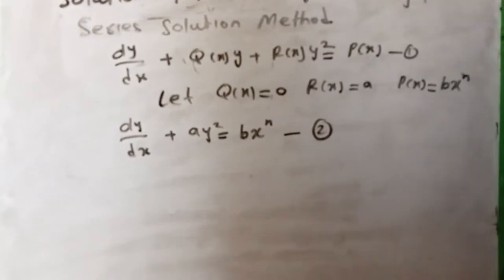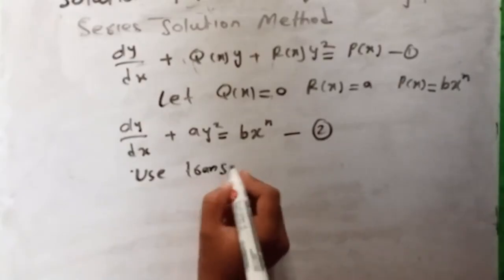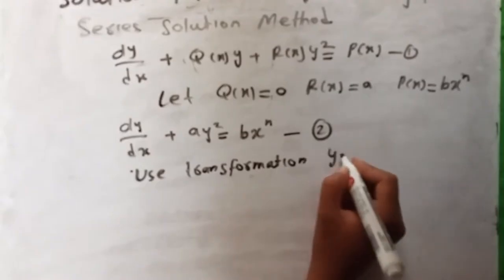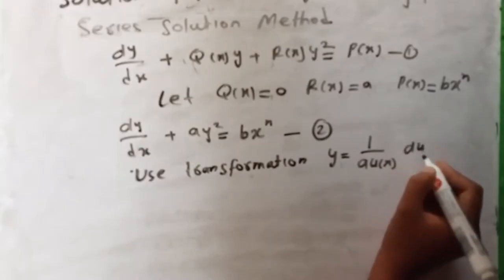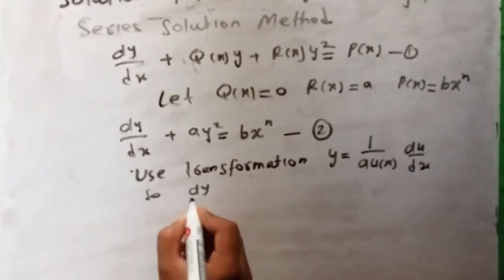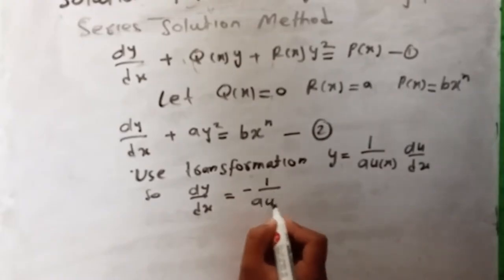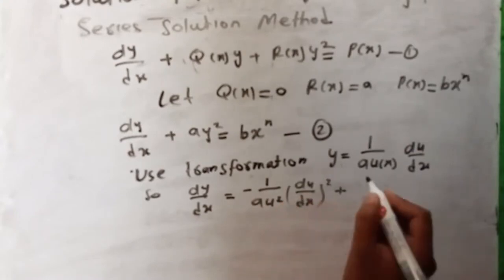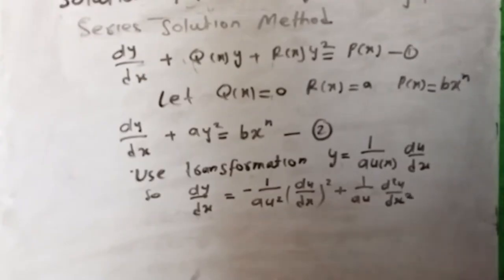Now we will use the transformation y is equal to 1 over a u of x du over dx. So dy over dx is equal to minus 1 over a u square du over dx whole square plus 1 over a u d square u over dx square.